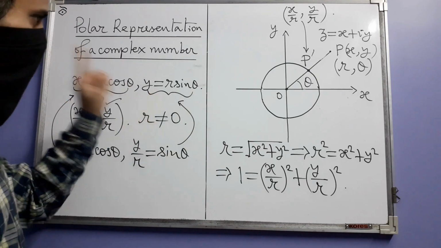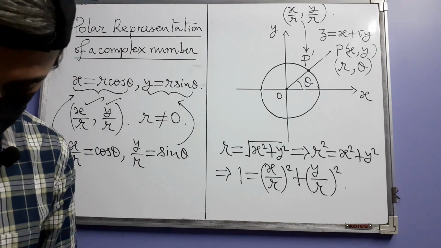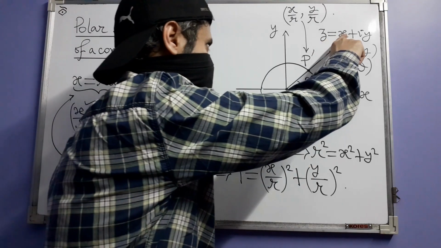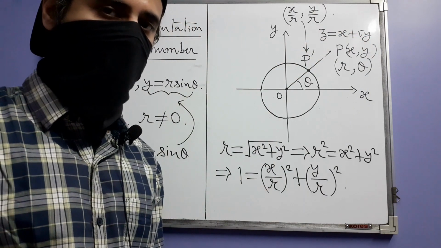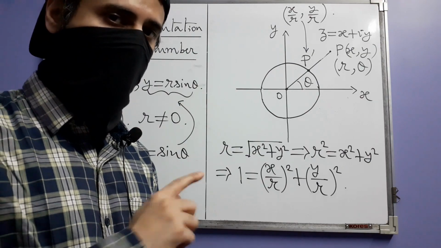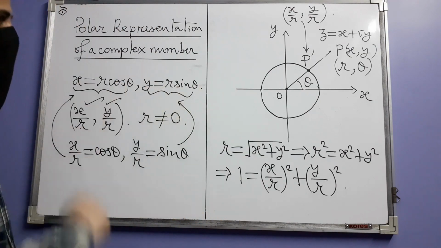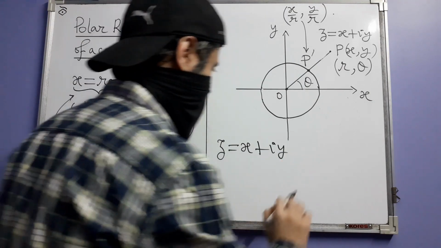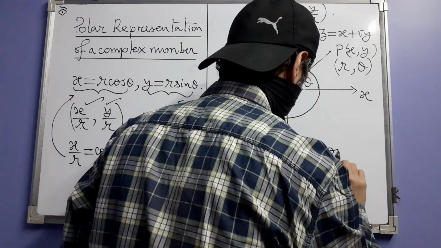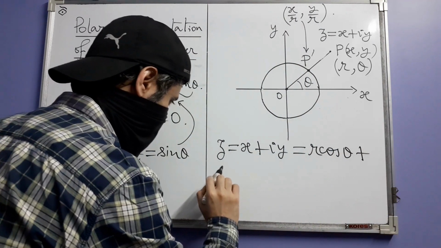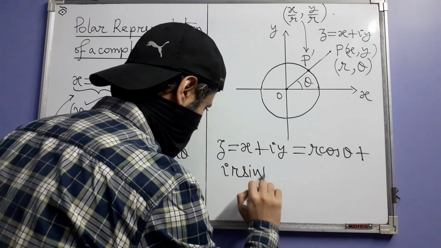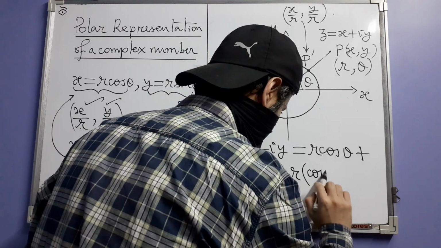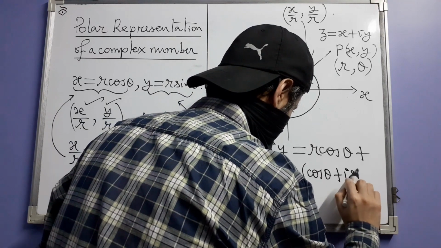Now what are we going to do with this information? We are now going to use this information back to the original representation of the complex number using x and y. Now we can use r and theta instead to express that complex number z. So in its place, now you have r cos theta plus i r sin theta. If you take r common out, you get r times cos theta plus i sin theta.